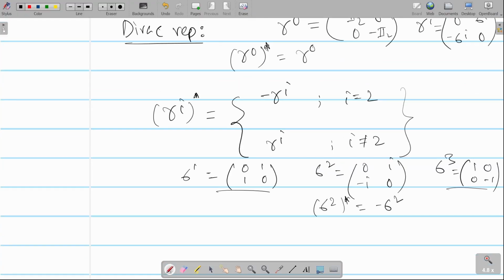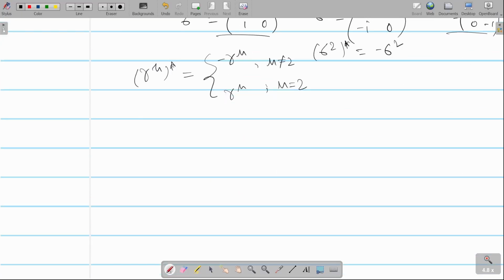Consequently, given this information that gamma mu star is minus gamma mu when mu is not equal to 2, and gamma mu when mu is 2, we can proceed with proving the identity that gamma 2 gamma mu star is given by minus gamma mu gamma 2. So you do a case by case analysis.